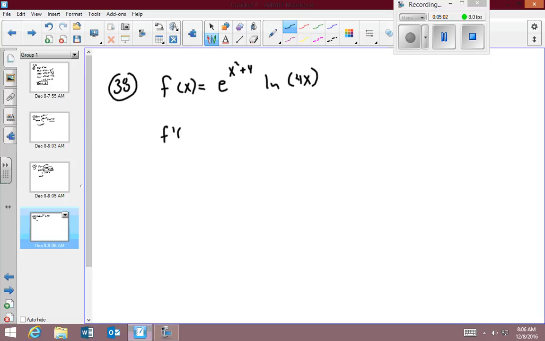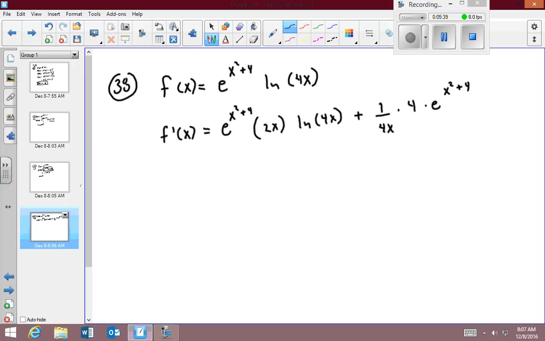So when we take the first derivative, it's the derivative of the first, which is e to the x squared plus 4, and then the derivative of the exponent is 2x, times ln of 4x, plus the derivative of the second, which is 1 over 4x, and the derivative of the argument is 4, times e to the x squared plus 4.